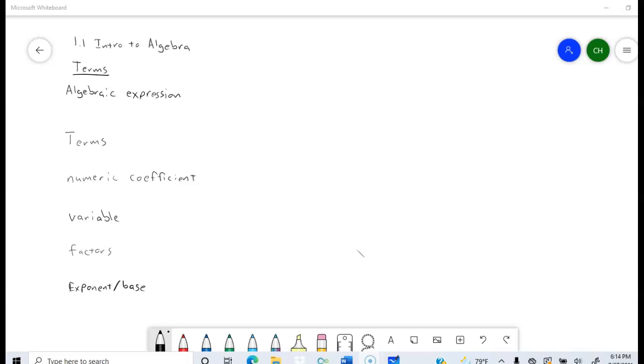Basically, in a fancy way, all that means is that something like, I'm just going to make this up, we'll say 2x squared plus 3x plus 1. That's really just one number. The problem is we don't know what that number is because we don't know what x is. But let's just say, for example, if we were to let x equal 0, then you would have 2 times 0 squared plus 3 times 0 plus 1.